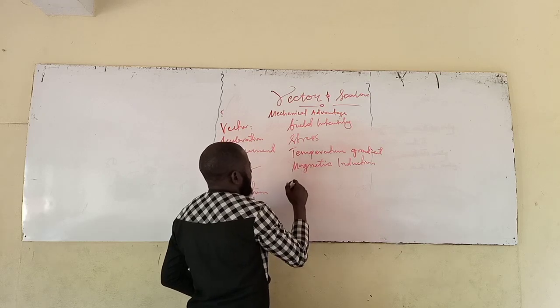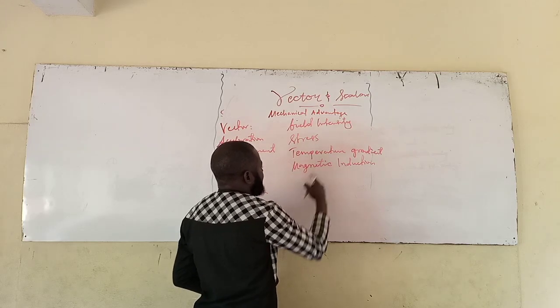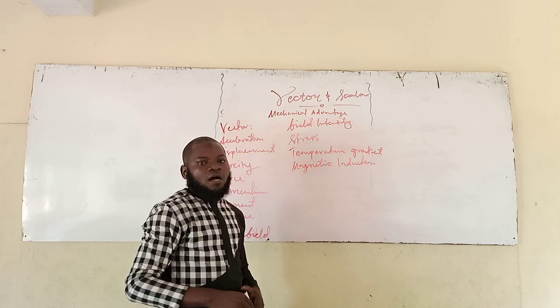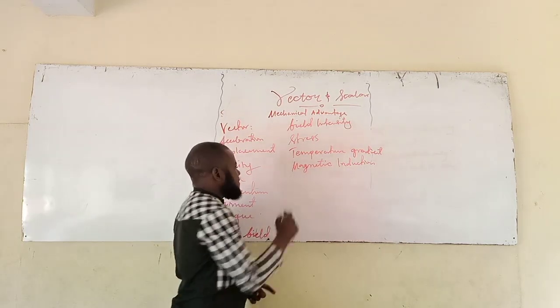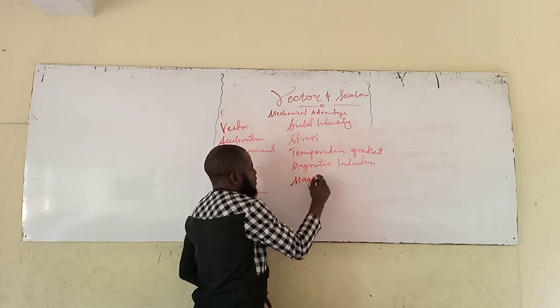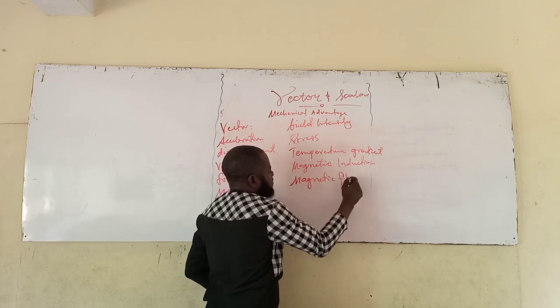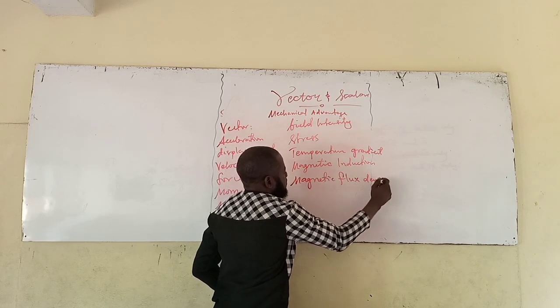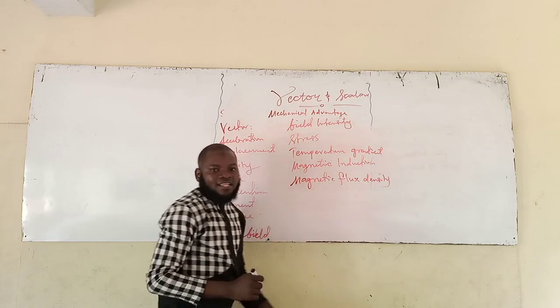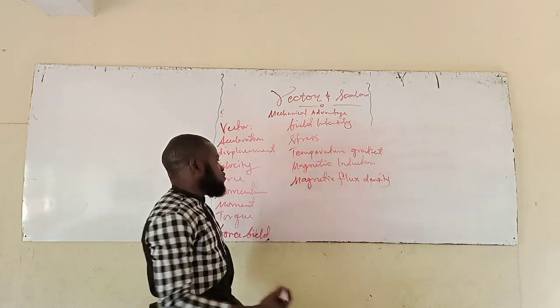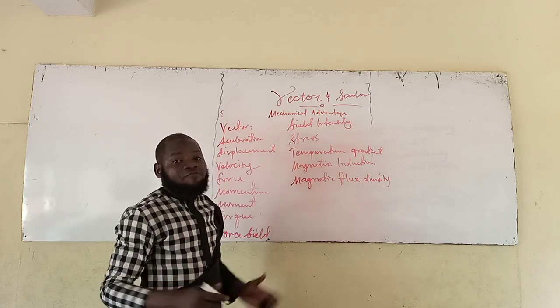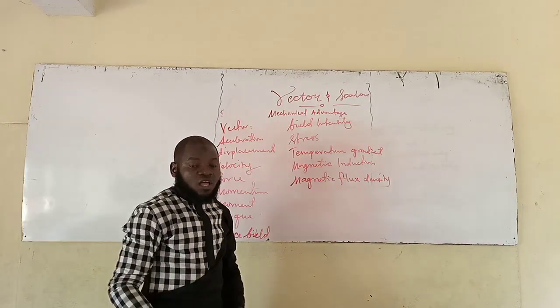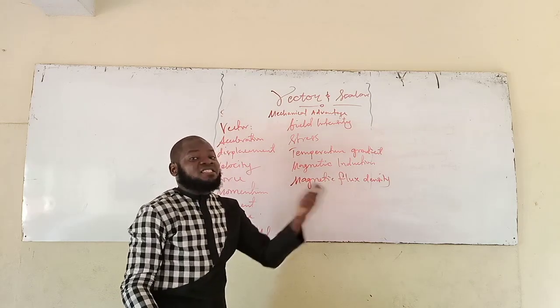Then we have, and it can also be called, magnetic flux density. Magnetic flux density. So please take note of that. It's also known as magnetic field strength. All field strength or field intensity, they are vector, being it gravitational, being it electrostatic, being it magnetic.